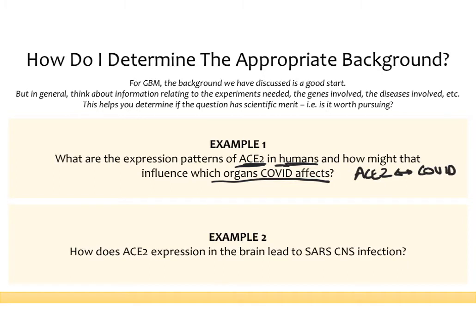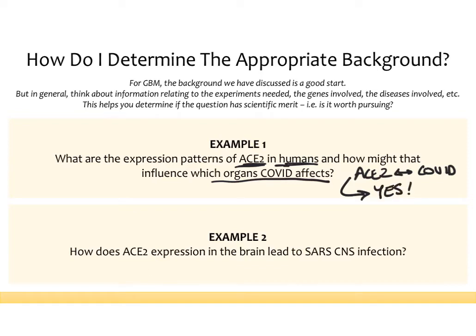Because I'm asking, what are the expression patterns of ACE2 and how does that affect the organs that COVID affects? So I'm saying that I think ACE2 must be involved with COVID somehow. And so this is the background question I would want to ask: is there some link between ACE2 and COVID entry into cells? And as it turns out, there is quite a big link.